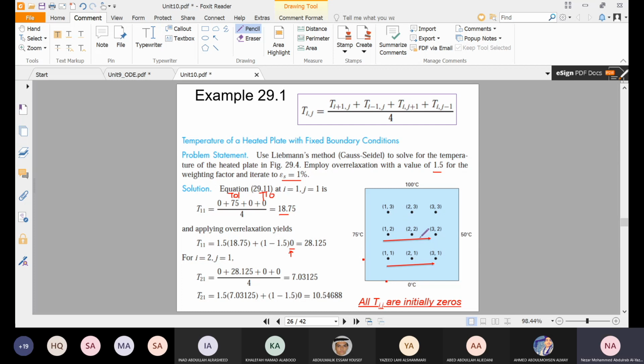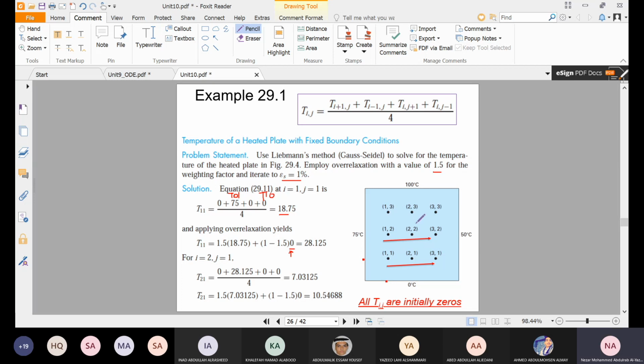We assume all the nodes are zeros initially. After that, we complete computing all the nodes, T33, T12, T13, all of them, and we get a good initial estimate of the temperature of these nodes by using the boundaries.